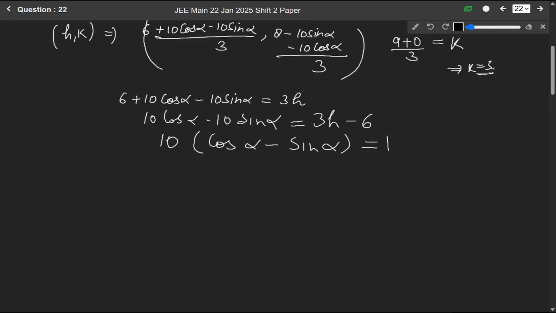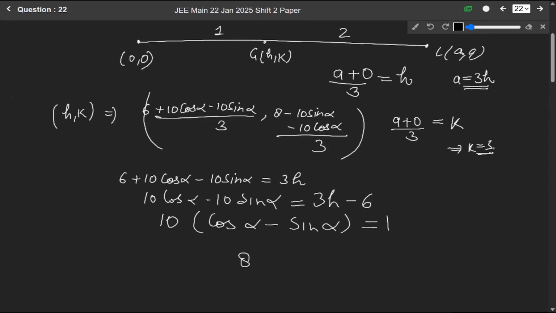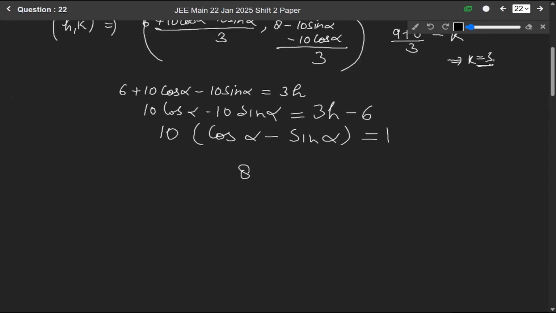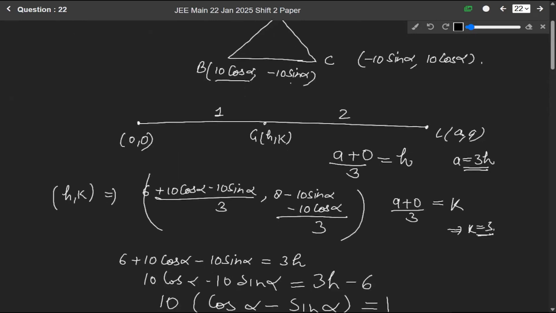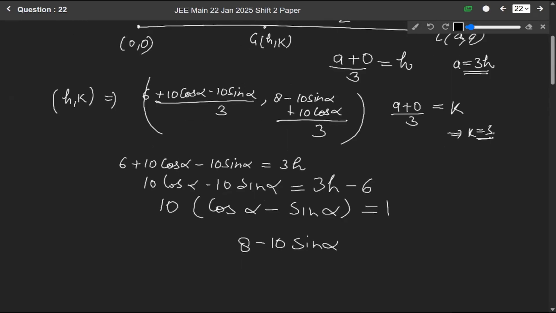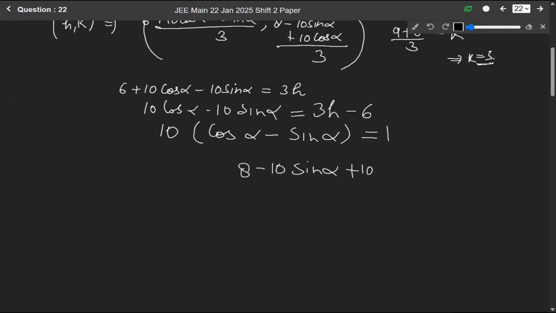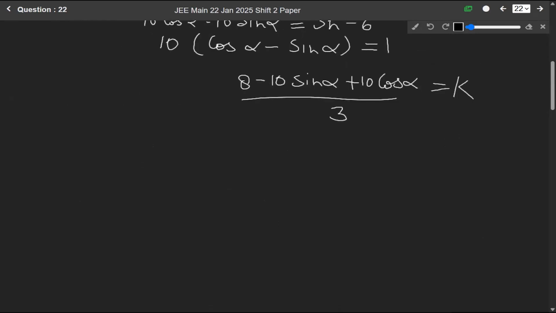So for the 8: 8 minus 10 sin alpha, and here, sorry, it is plus now, plus 10 cos alpha, over 3, will be equal to k.